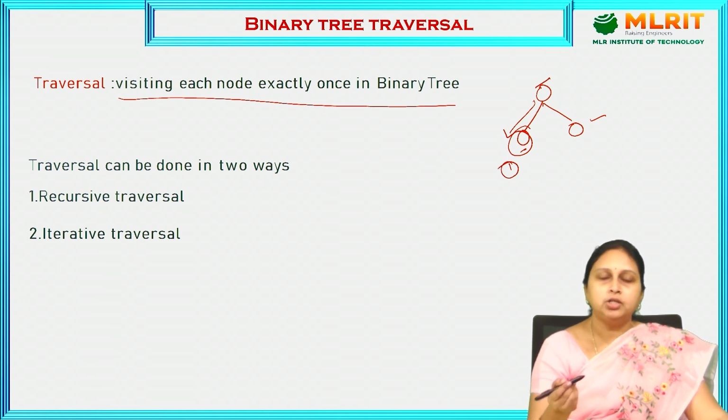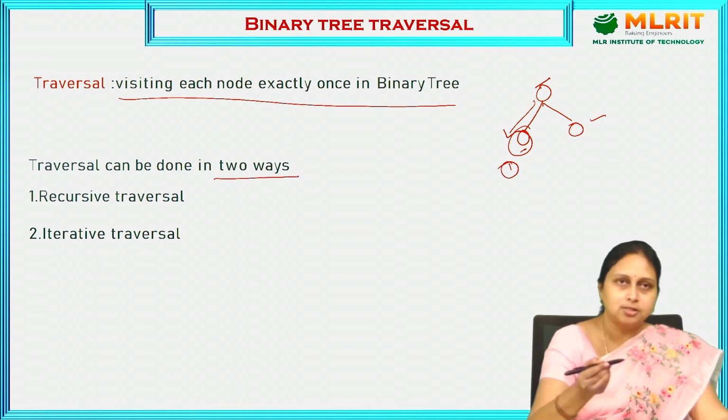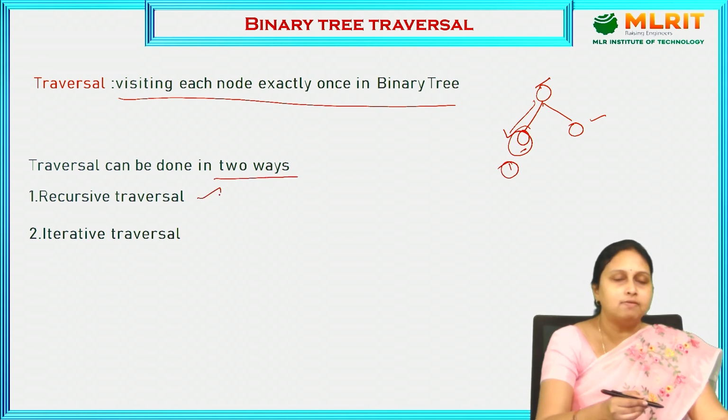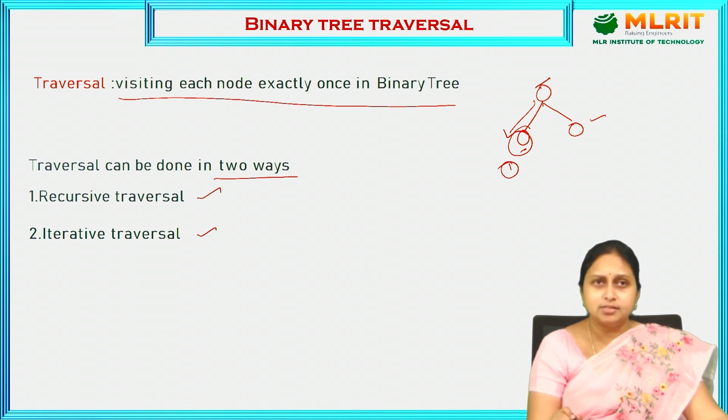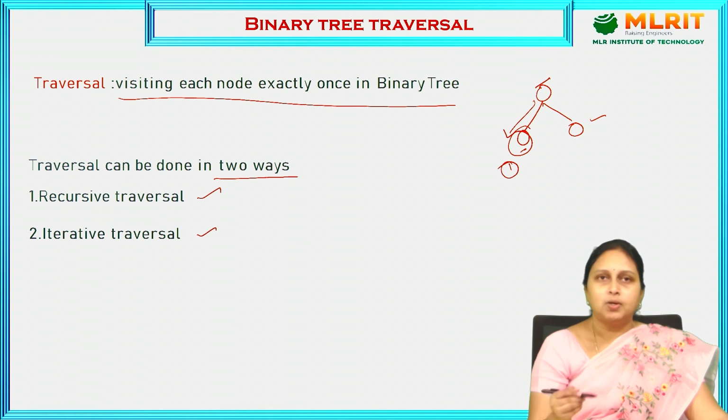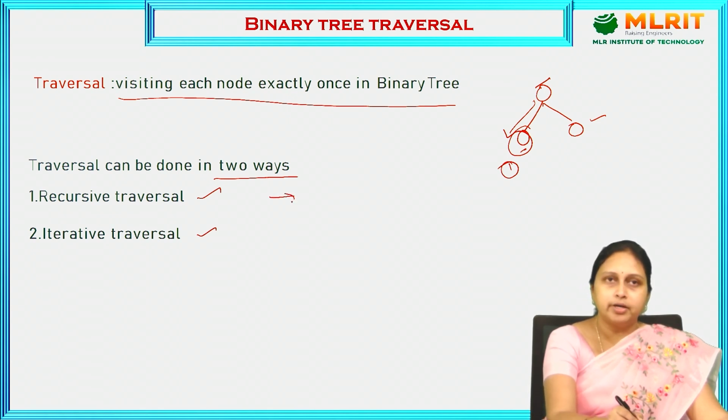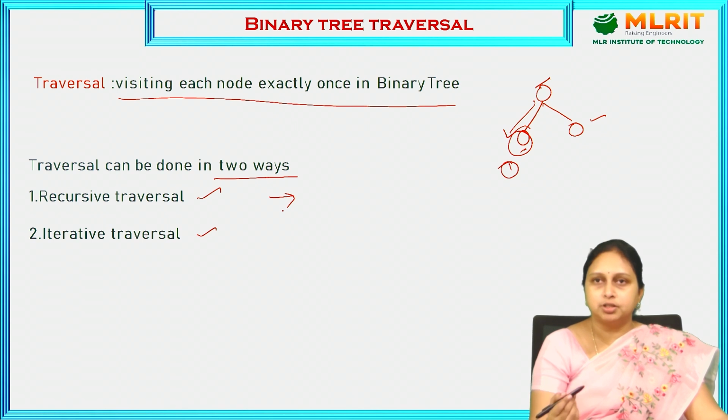And this traversal can be done in two ways. One is a recursive traversal and another one is an iterative traversal. As you may have already studied in your programming for problem solving, what is recursion and what is iteration. In recursion, we call the function by itself.